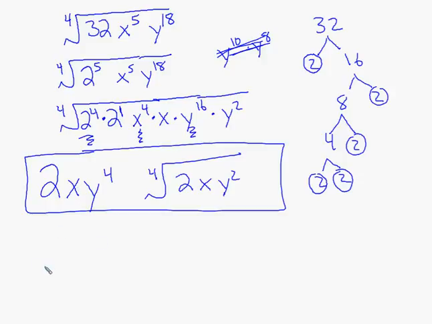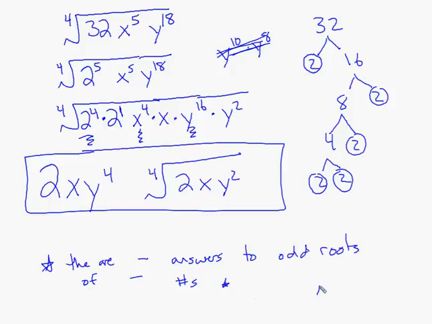I want to make this note, and just so you know, there are negative answers to odd roots of negative numbers. So, if I did the cube root of negative 27, the answer is negative 3.